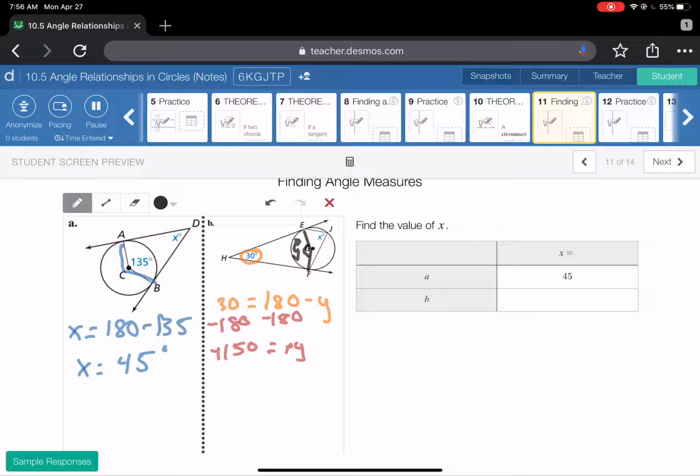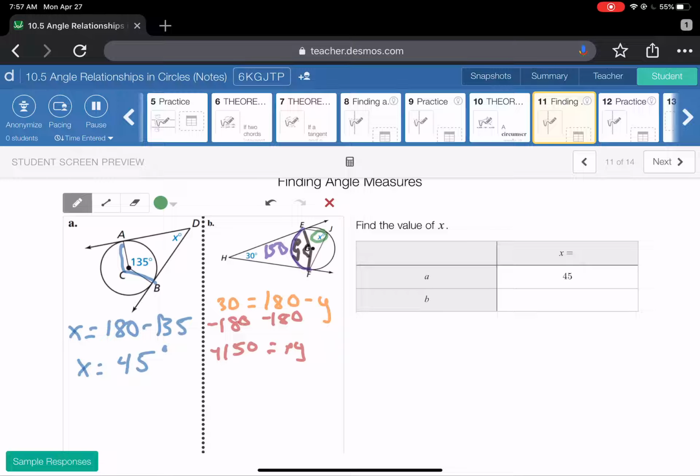Which means that the arc is also 150. Okay, so we're basically combining multiple parts of what we've already learned. So now we can find x. We're doing multiple steps to figure out x, right?